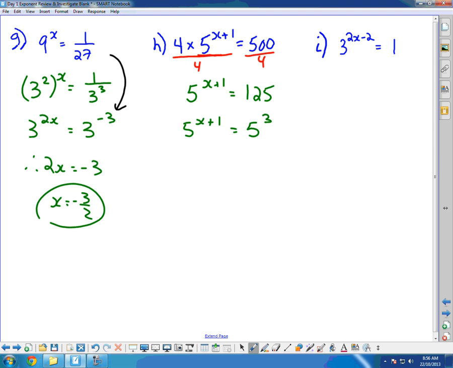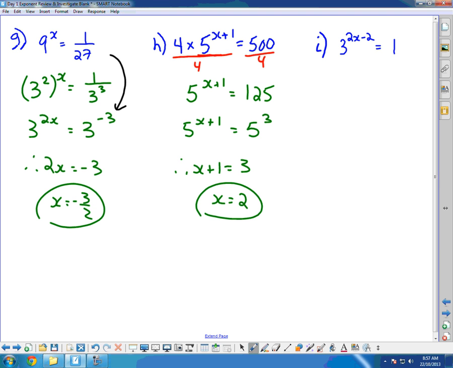Therefore, we have the same base, so I can ignore the bases and just look at the exponents. Oops, that's a 3. And so therefore x equals 2. Okay, so the only reason I showed you that one, it's going to pop up later. If you've got a coefficient out front, before you isolate for x, get rid of that coefficient, just like we would have in any other situation.